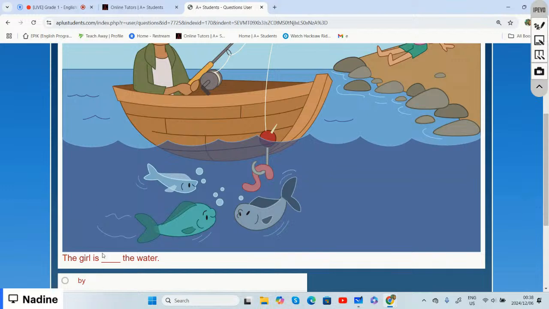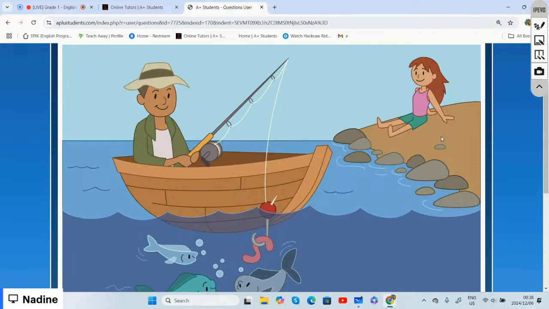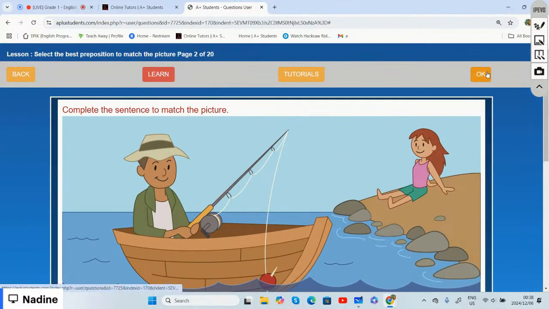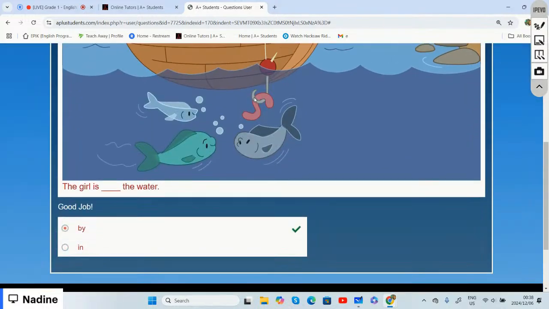So we can say the girl is by the water, because remember, she's not in the water. She's sitting by the water, next to it. So we say by is correct.